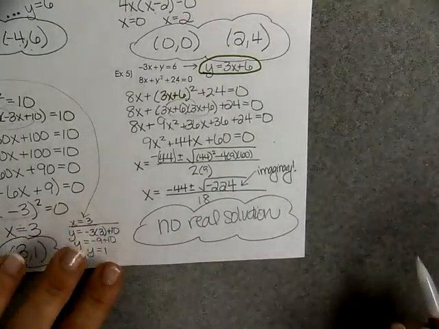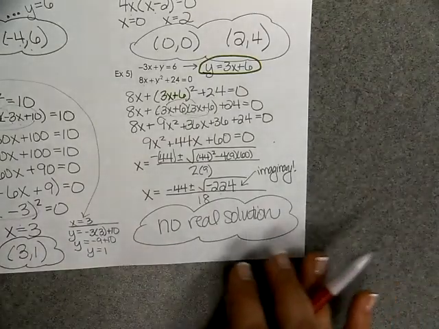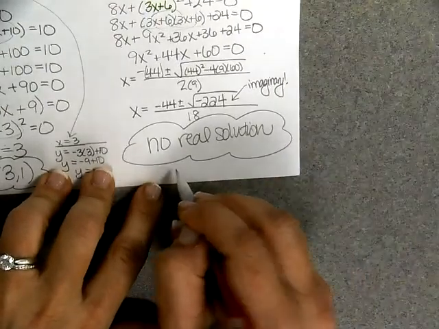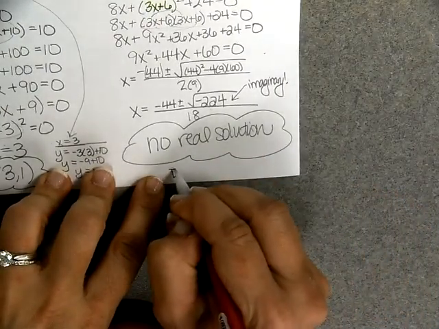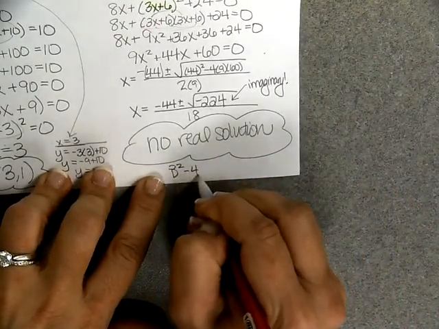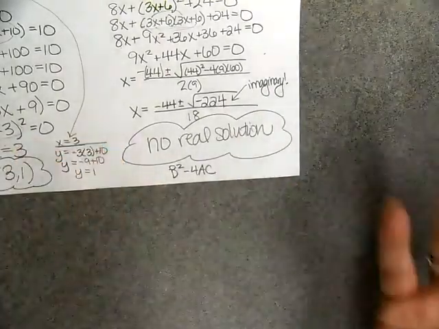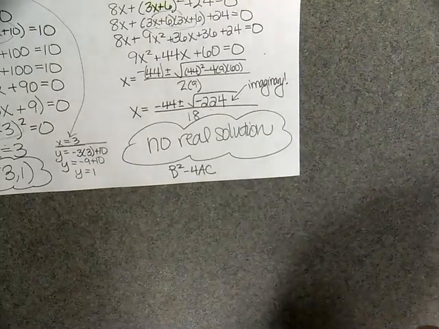Okay? And that's the trick, just while I have you. If you're not sure if something can be factored, use the discriminant. Use b squared minus 4ac. And if it's a negative, you know it can't be factored, right? Because it's going to be imaginary.